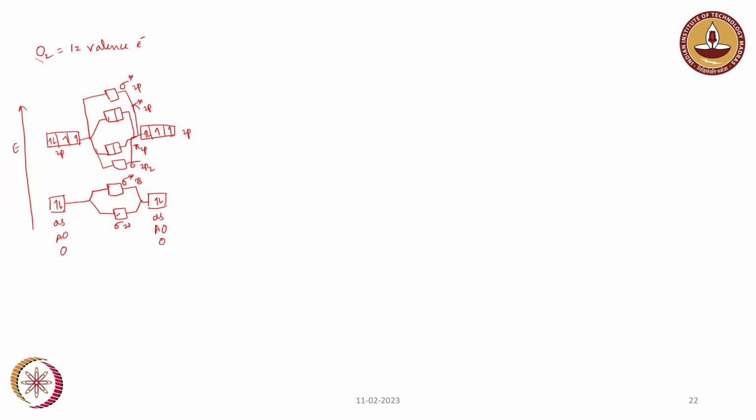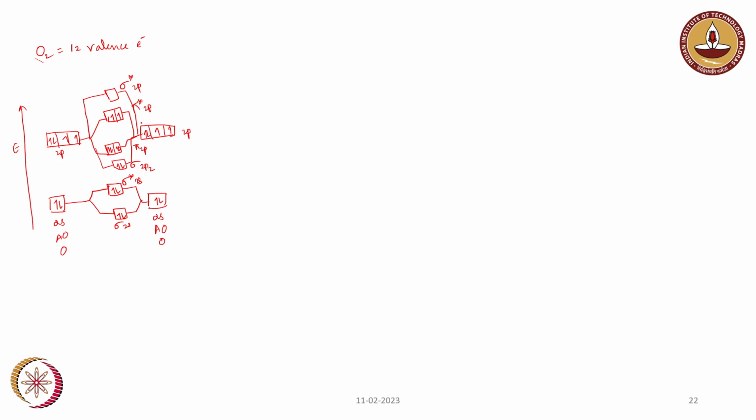So we'll add the electrons. Here 4 plus 4, 8 electrons are present. So we'll add those in sigma 2pz, pi 2p and pi star 2p.